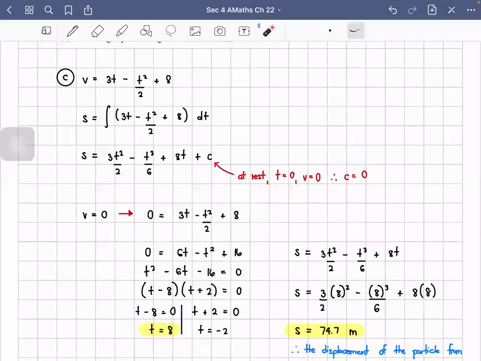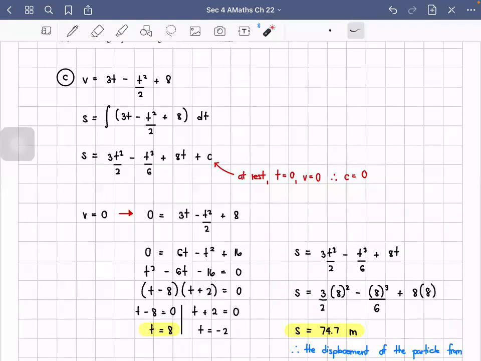Solving for t, you can factorize this, which is the method that I did, or if you want, you can just use the quadratic formula. If you remember the formula, it's also fine. The quadratic formula will be given during the test. It's on the first page as usual.